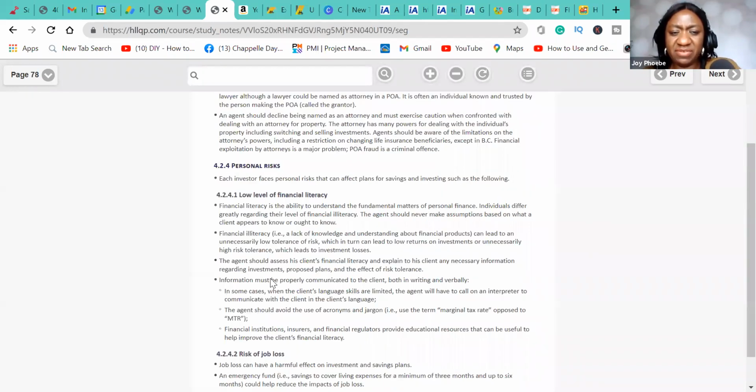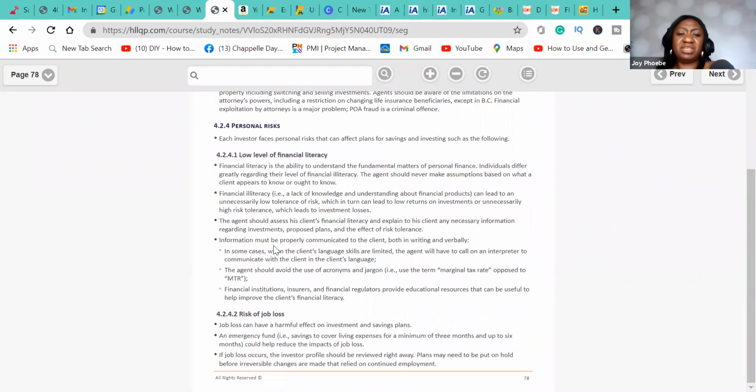Okay, personal risk. Each investor faces their own risk. Low level of financial literacy. Yes, sometimes a lack of financial literacy. Financial literacy is the ability to understand the fundamental matters of personal finance. Individuals differ greatly regarding their level of financial literacy.